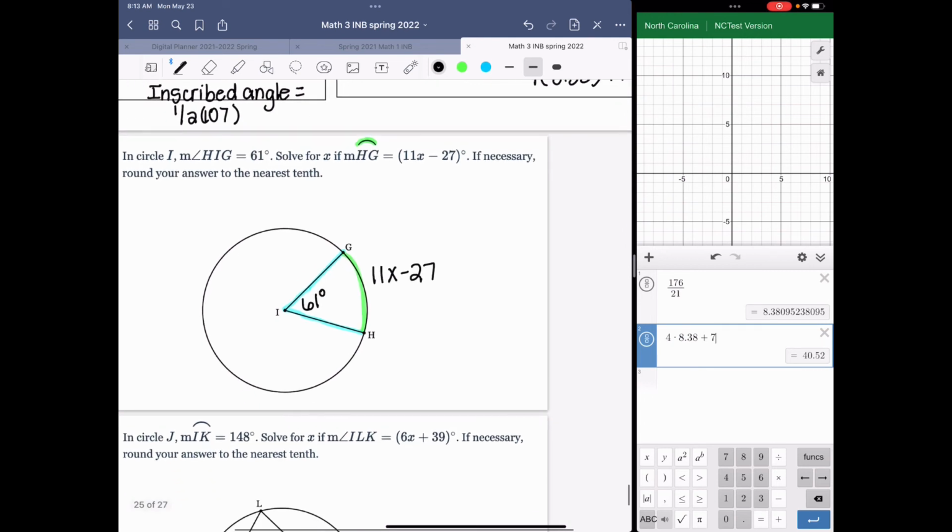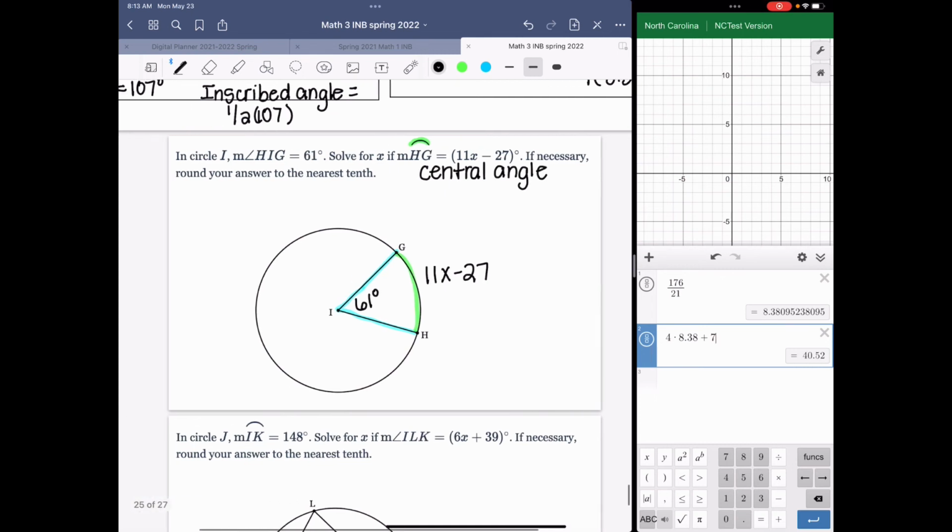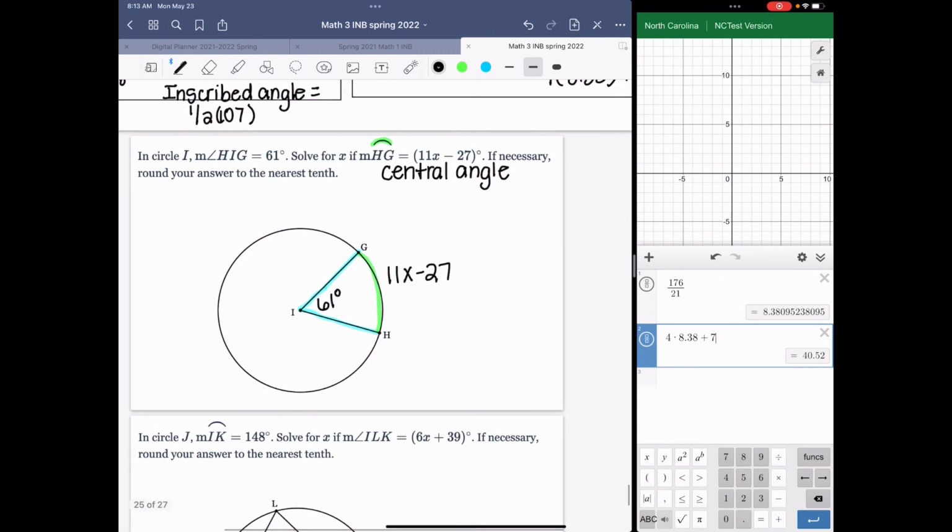Now, what we know is that we have a central angle, and if we have a central angle, that means that the arc and the angle are congruent. So since we have central angles here, we're going to set these equal, and with that, we're going to solve it. It says round your answer to the nearest tenth. So we're solving for x here. They don't ask us to find the actual angle because we know the angle and the arc are 61, but we're solving for x.